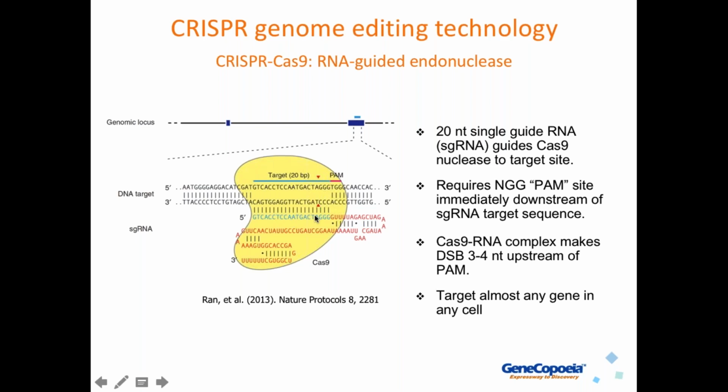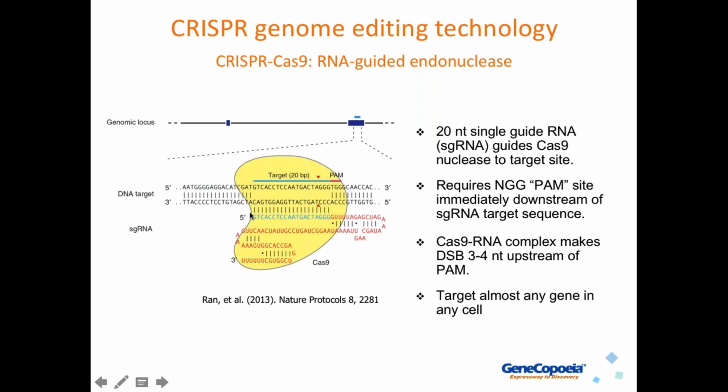And as shown in this figure, CRISPR endonucleases are a two-component system. The first is the Cas9 nuclease, represented by this yellow shape in this figure. And the second component is known as a single guide RNA, which is an artificial chimera of two different RNA molecules, one of which contains sequence-specific target information.